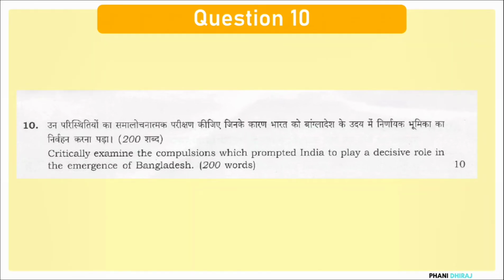Now after explaining those circumstances, those scenarios, you have to talk about these being the two reasons that led the Indian government to carry out a full scale action, that forced the hand of the Indian government to decide to end this genocide, and that led to the emergence of Bangladesh, which was East Pakistan.